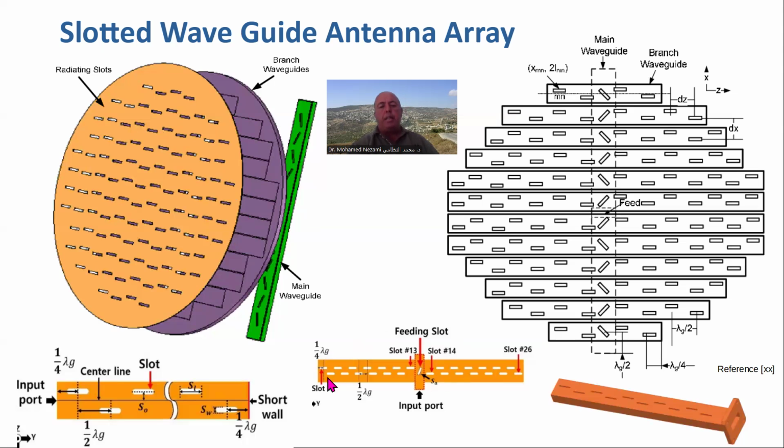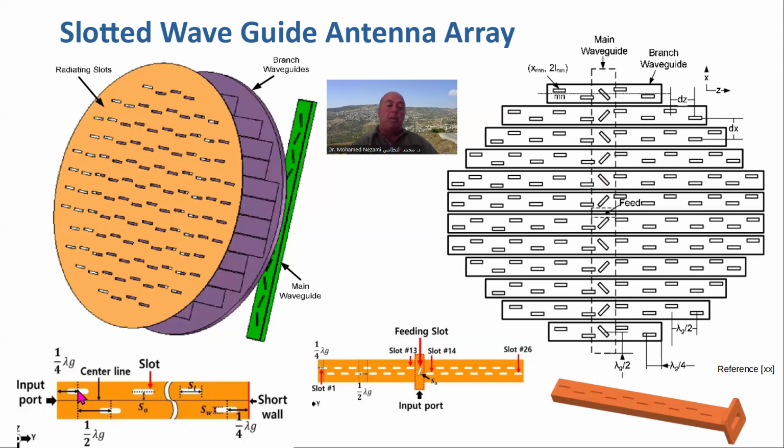Now, theoretically, the theory of slotted waveguide antenna design is very simple, okay? You start out here, this is where you input the signal, assuming that you're feeding in actually with a slot on the back, okay?